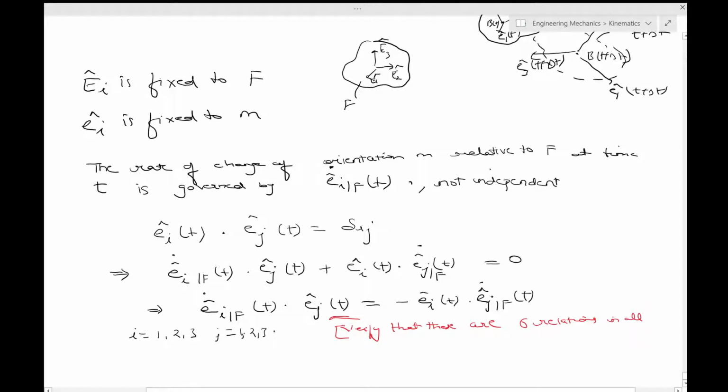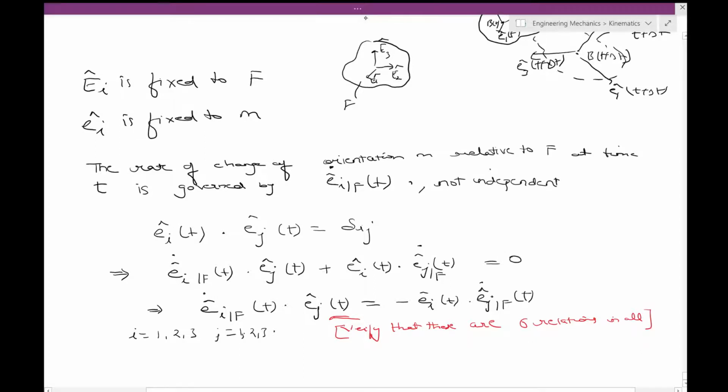Okay, you have to exclude the ones which are repeating, so please write out those 6 equations and see for yourself. Don't skip this stage, please.